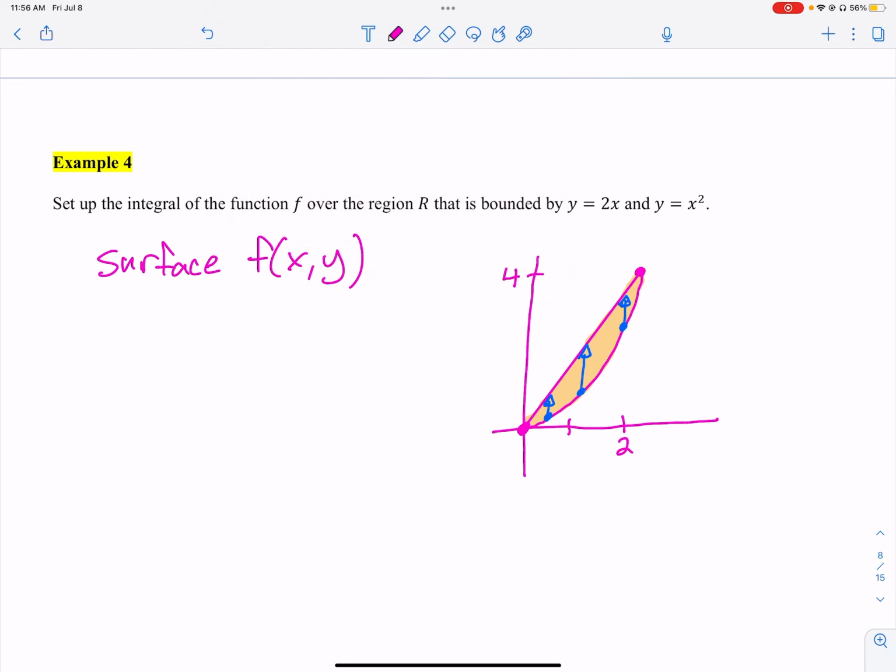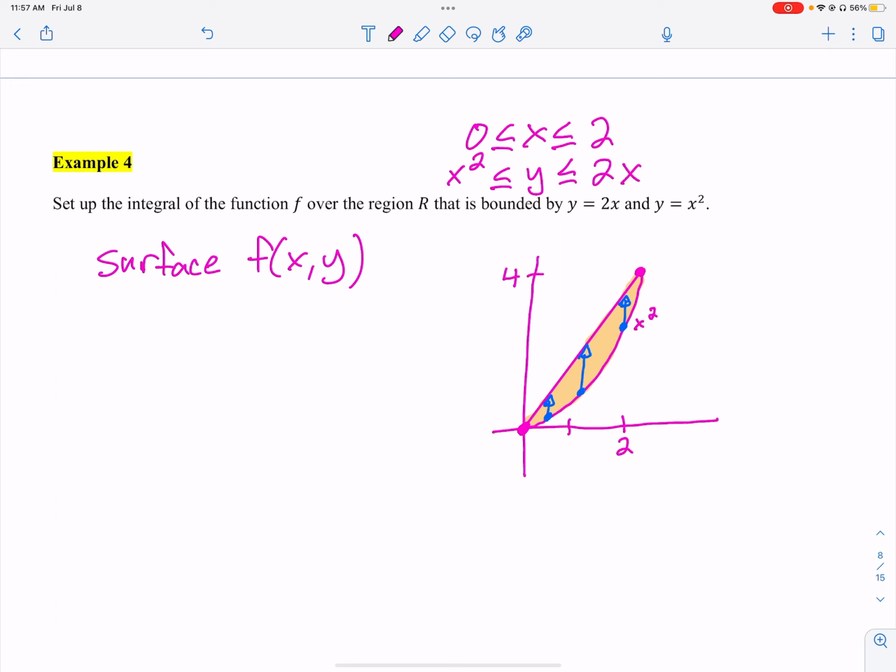So here then, I know that x is between 0 and 2. We can see that. But the y is going to be between, not 0, but our bottom curve is going to be x squared, and our top curve is 2x. You can see that here, right?